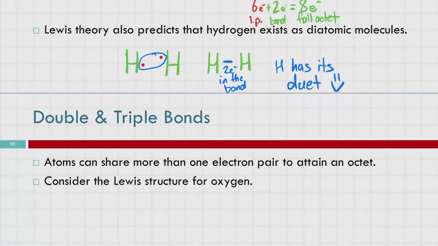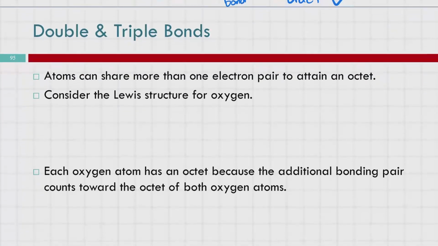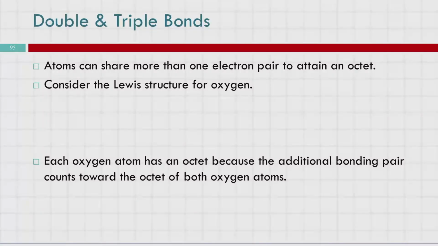We can also have double and triple bonds. So for example, oxygen, which also exists as a diatomic molecule. We've got 2 oxygens. Our oxygens each have 6 valence electrons. They have 6, more.